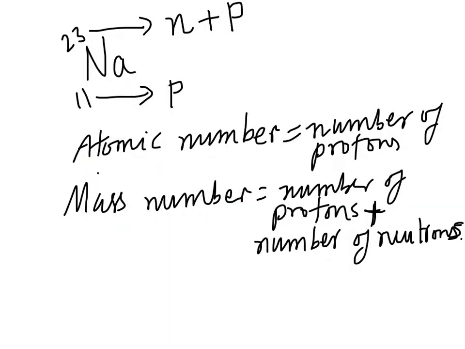So remember, the bigger number, which is the number of neutrons plus protons, is the mass number, and the small number is the atomic number. So the atomic number is equal to the number of protons, and the mass number is equal to the number of protons plus the number of neutrons.